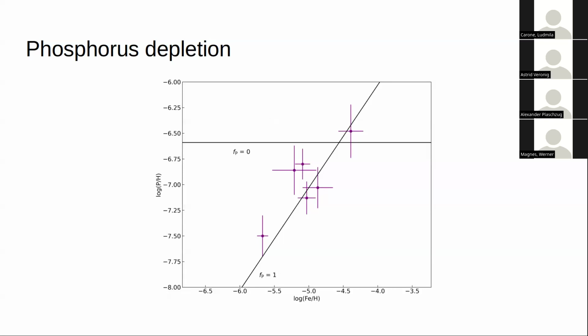And that was quite interesting because now there are measurements or upper limits on the phosphorus abundance in the disk itself, which I have not shown here because I don't fully understand it. But when we compare that with our measurements of phosphorus on the star, it was quite clear that phosphorus is almost refractory in nature.